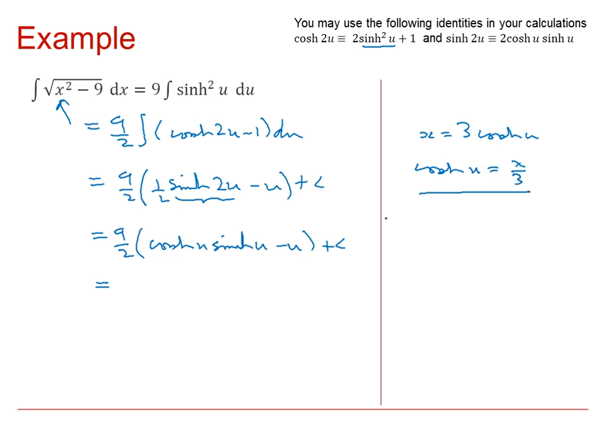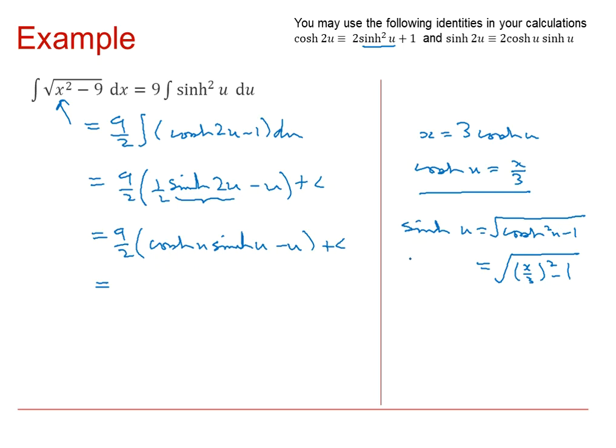We're going to need cosh u. We also know that sinh u is the square root of cosh squared u minus 1. So sinh u is the square root of cosh u, which is x over 3. It needs squaring, and then we take away 1.